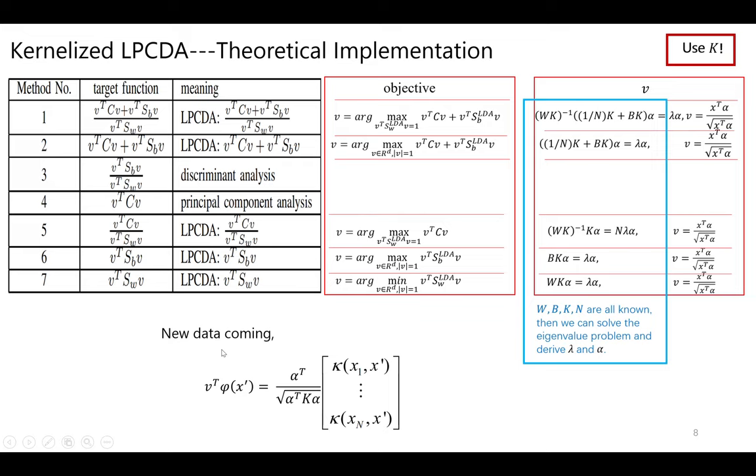As new data comes in, its projection onto V can be calculated like this equation, and this part is known in the feature space, so we finish the theoretical implementation of kernelized LPCDA.